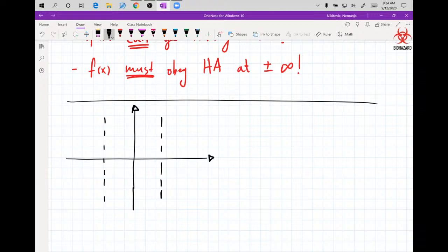You're going to have your x and your y, then you're going to maybe have this one and this one, and then you will have the middle piece cut through like that. Notice that you have your vertical asymptotes, and then you also have your horizontal asymptote in blue.